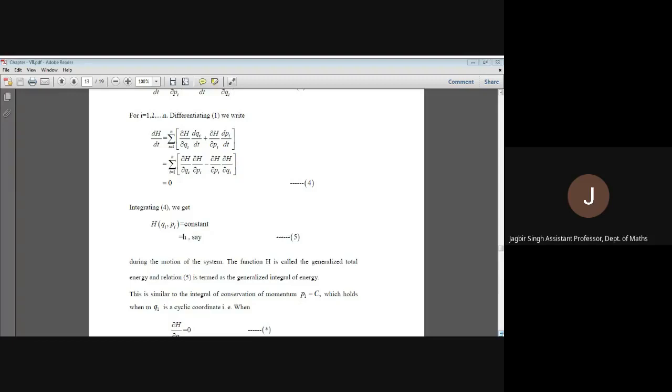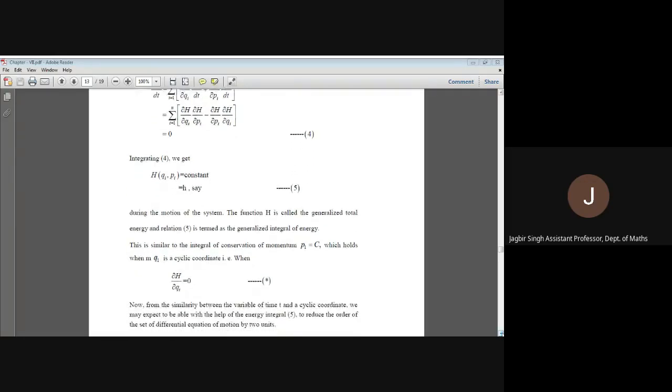Now what happened? We assumed that h is not explicitly dependent on t, and due to that, h is a constant function.